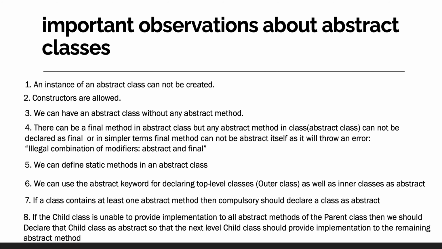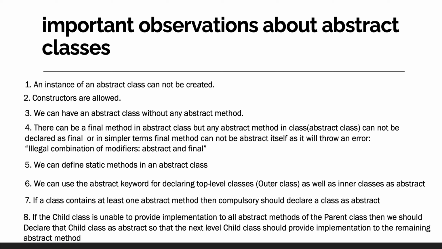Next observation is that if a child class is unable to provide the implementation for all the abstract methods of a parent class, then we should declare the child class as abstract, so that the next level child class should provide the implementation for the remaining abstract methods. Meaning that in an abstract class we can have abstract methods and non-abstract methods, and the child class has to provide the implementation for all the abstract methods, right?